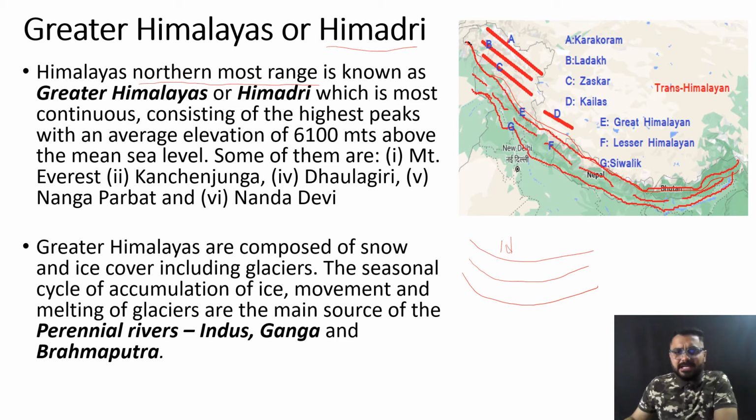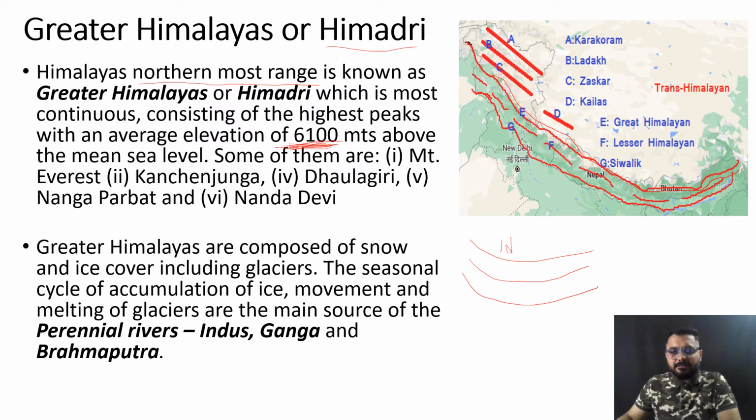It is believed that on an average the elevation is somewhere around 6,100 meters. So the height of the mountains in this region is about 6,100 meters above the mean sea level. As I already told you, this is the range of the Himalayas that has the highest mountain peaks.